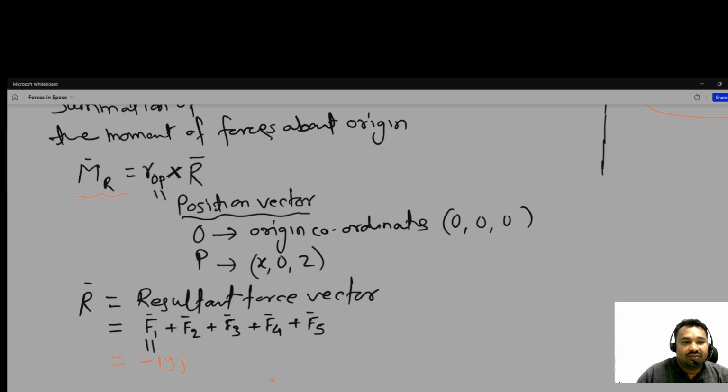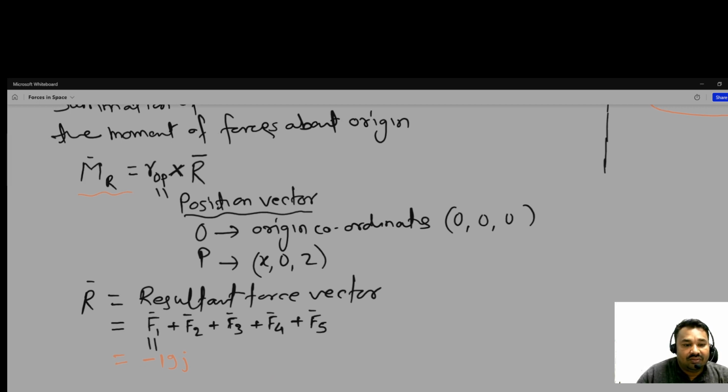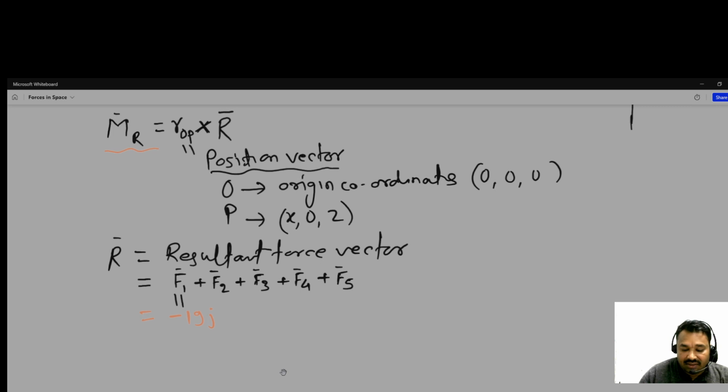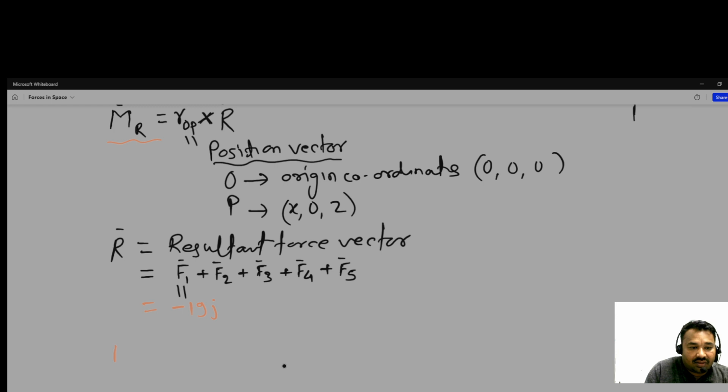Okay, so once again, then we are going to show MR is equal to ROP multiplied by R, and ROP is equal to what?